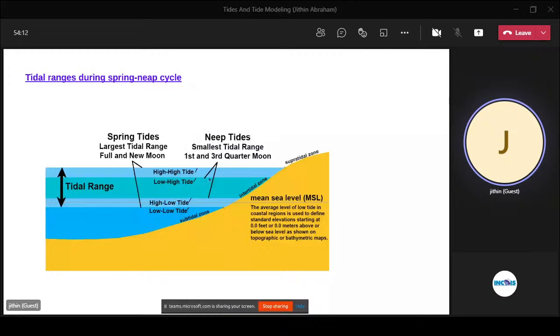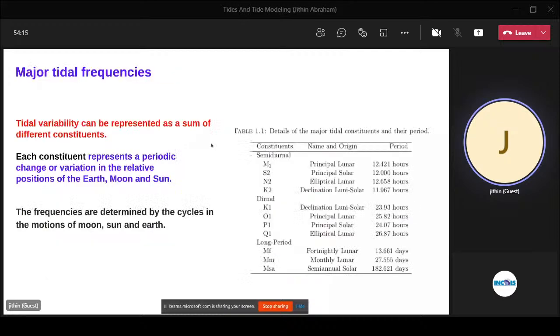As we said, these tidal oscillations are related to the periodic movement of celestial bodies such as the Moon and Sun. So the tidal variability can be represented in terms of their periodic movement, as a sum of different constituents. Each constituent represents a periodic change in the relative position of the Earth, Moon and Sun.